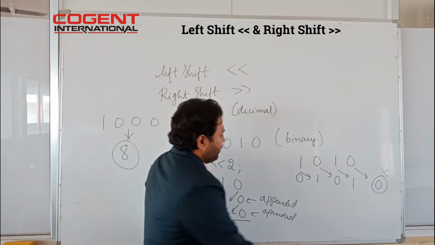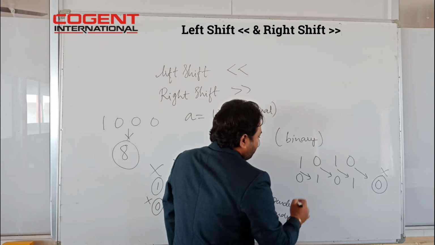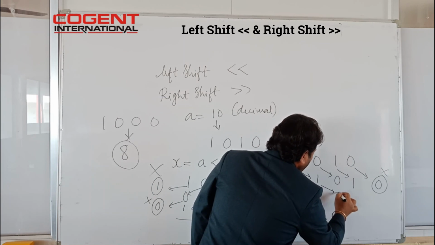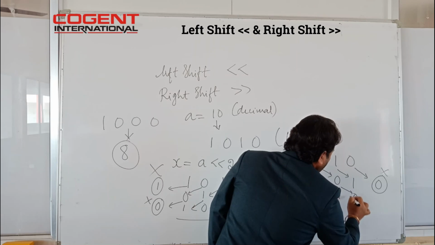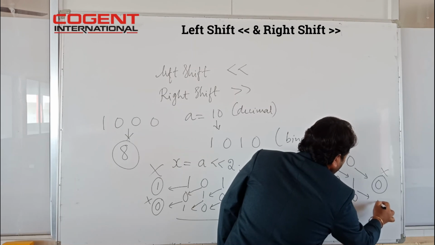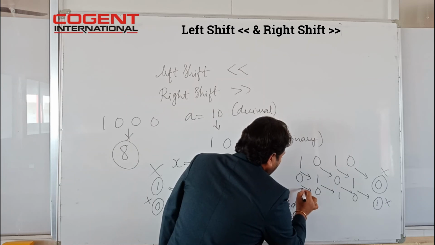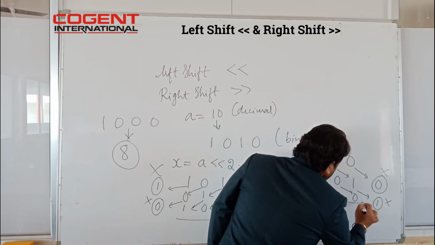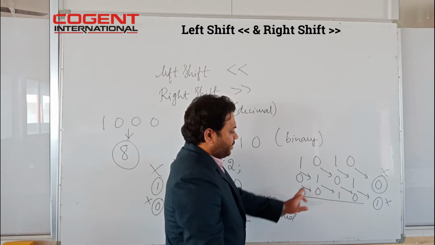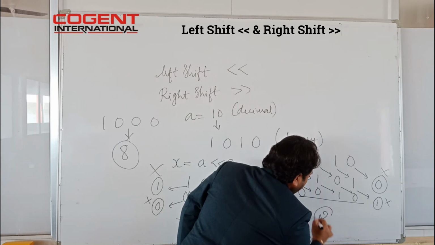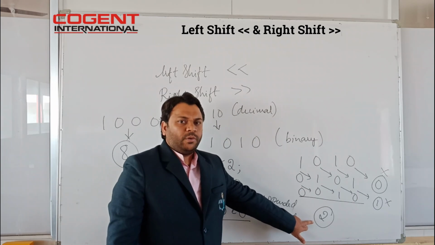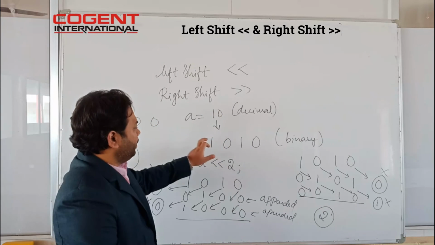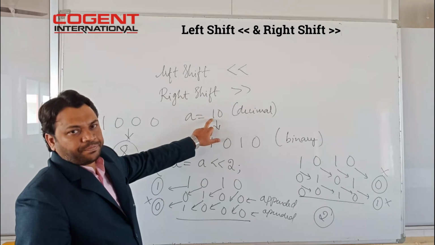This is the first shift, then the second shift: again the rightmost bit is discarded and 0 is appended at the leftmost. So the output I am getting is 0 0 1 0, which is nothing but 2 in decimal representation. That is, 2 is the output if I perform the right shift by 2 on the number 10.